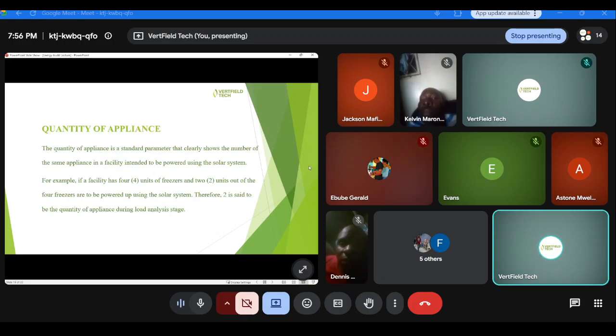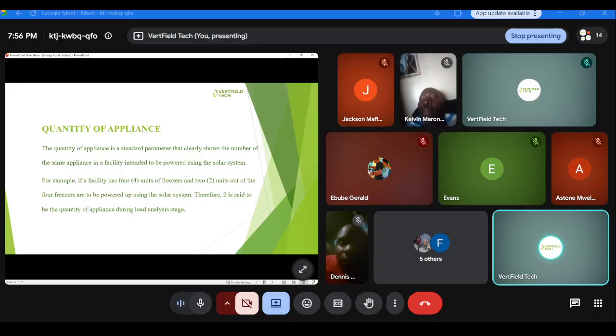Quantity of an appliance typically gives you the number of appliances that are to be powered using the solar system. Again, the quantity of an appliance gives you the information of the same appliance that is to be powered up using the solar system.